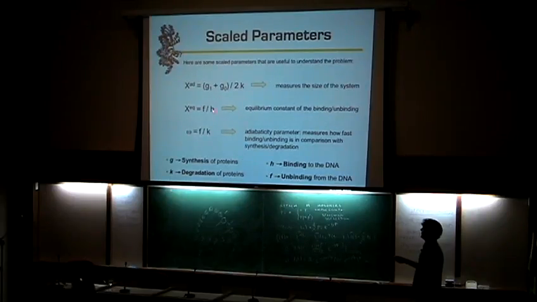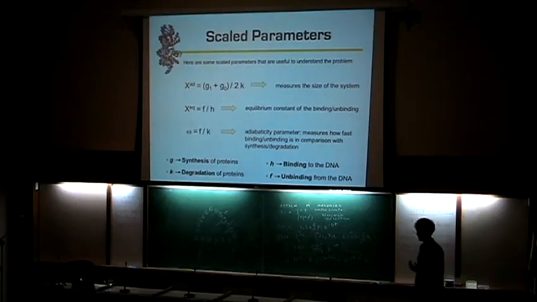Now, this one is unbinding over binding, and that's basically the equilibrium constant of the binding and unbinding of the protein to the DNA. That's going to tell you what percentage of the time the DNA is going to be bound or unbound. And then the last one is what we call the adiabaticity parameter. It describes how fast these binding and unbinding reactions are going to be compared to the synthesis and degradation reactions.